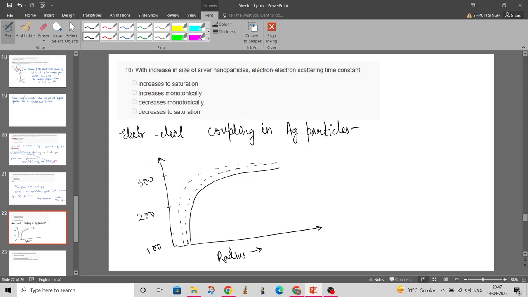So the answer to this question will be, it increases to saturation. There is an initial rise because with the increase in radius, there is some equilibration happening, and the energy gets redistributed among all the electrons.